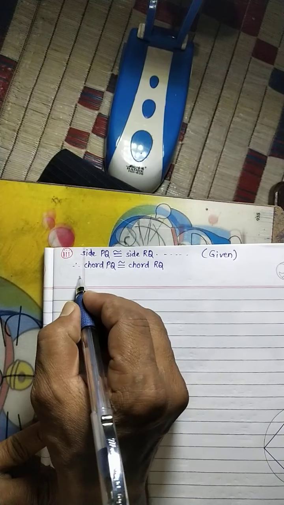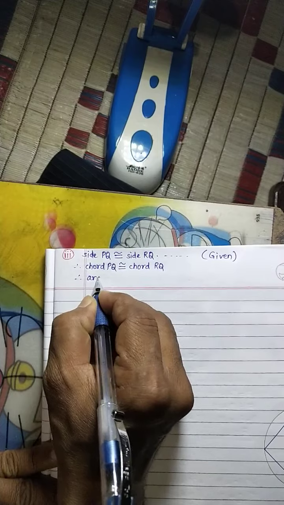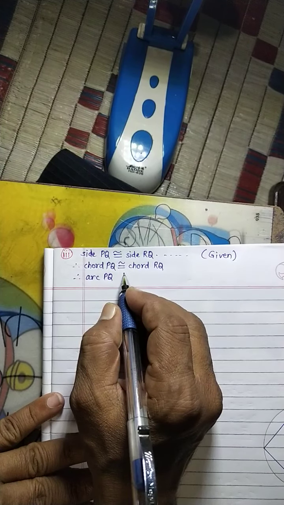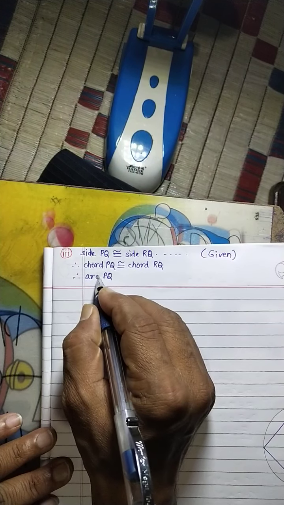Okay, so now here arc PQ: corresponding arcs of the congruent chords are equal, or congruent, to each other.